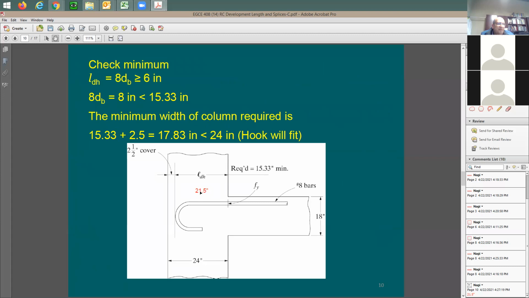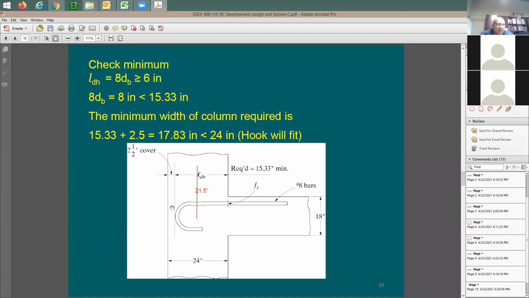This 21.5 subtracting the 15.33. So you have it, right? 21.5 minus 15 and a half, you're talking about 6 inches. Because originally this hook is supposed to stop somewhere here, right, at 15.33. And the question is, do you have a little bit more space?